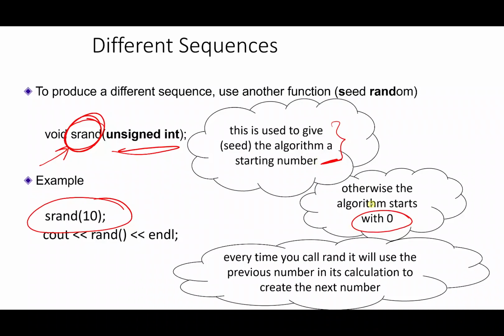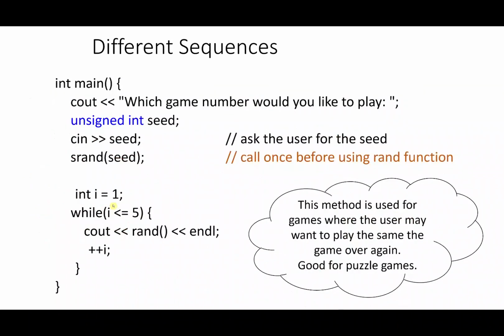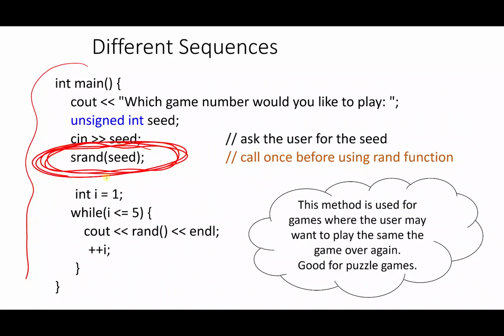Now every time you call rand, it's going to use this default number as the first round's input. The second round's input depends on the first. So remember that you always call srand, give it a seed, once.